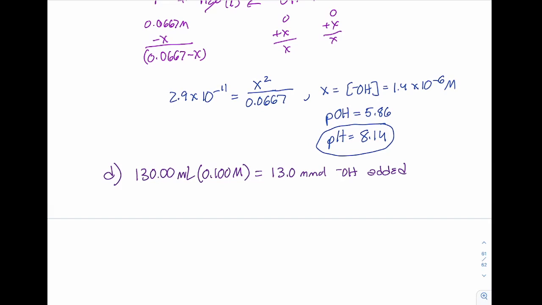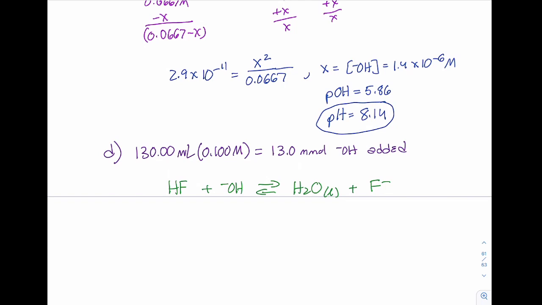So my equation for that: my hydrofluoric acid reacts with my base to produce water. And then again, the sodium fluoride, but I don't care about the sodium, so fluoride ions. We started out with 10 millimoles of hydrofluoric acid, right?